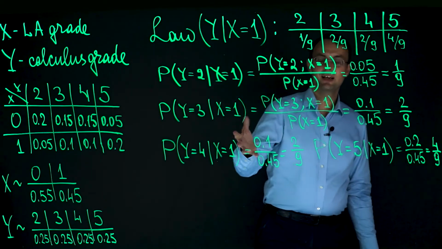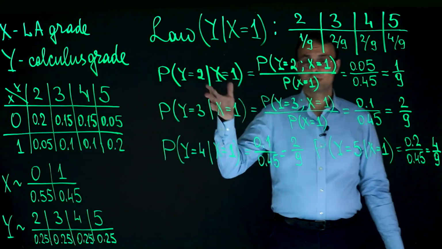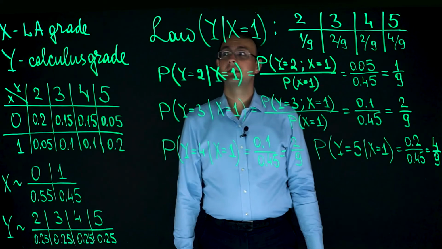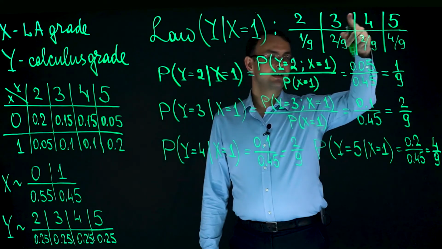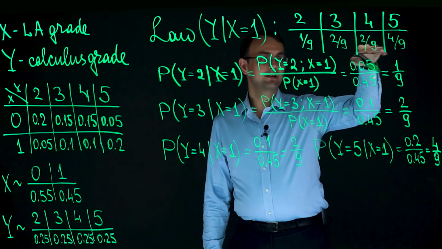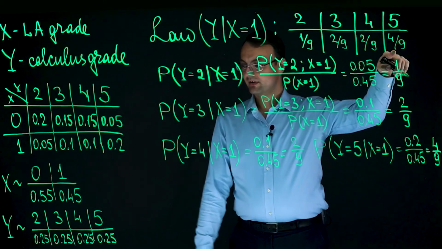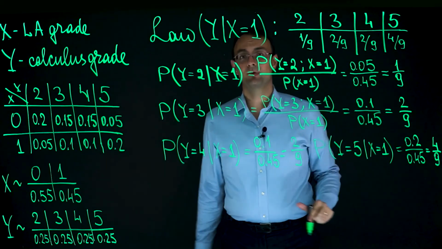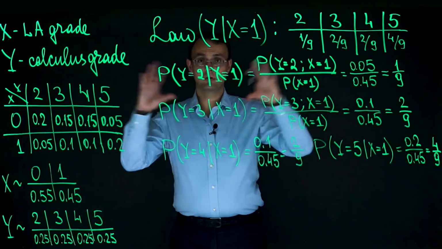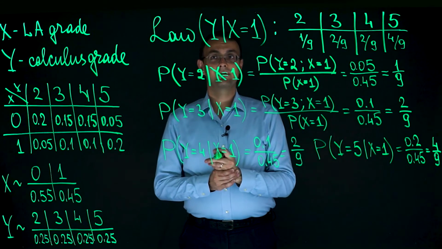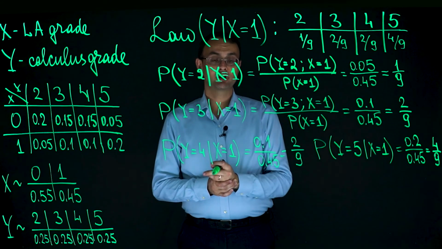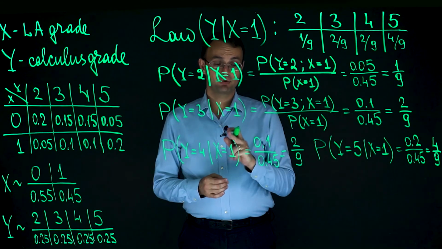So as you see, if we choose only out of those who passed the linear algebra, then the probability of getting higher grades is much higher than in general, than if we choose out of all students. So that is how we can find the conditional distribution.